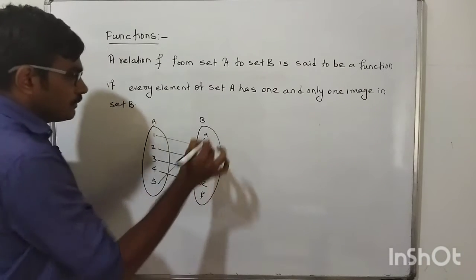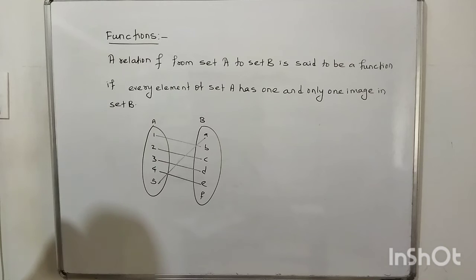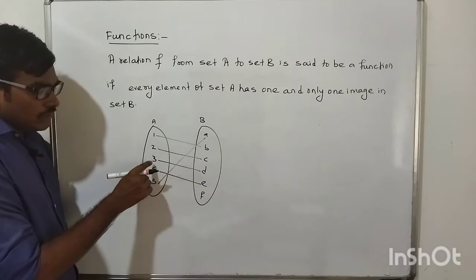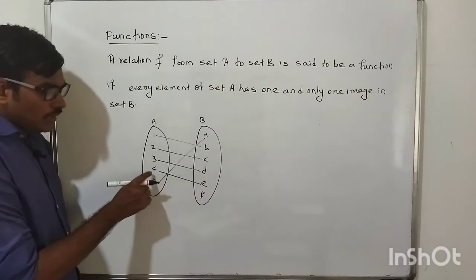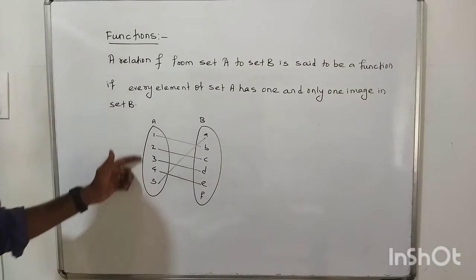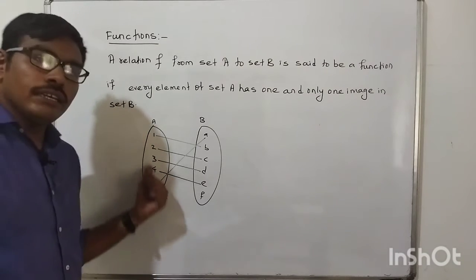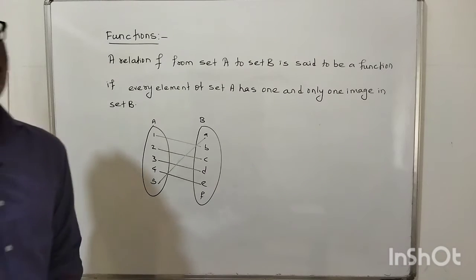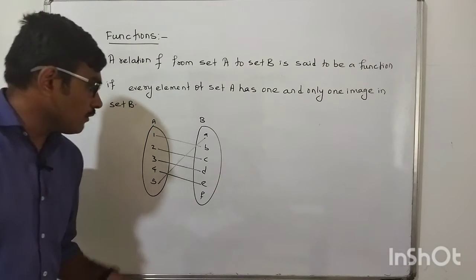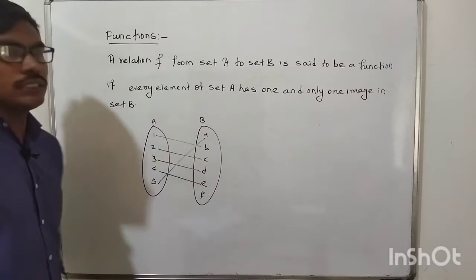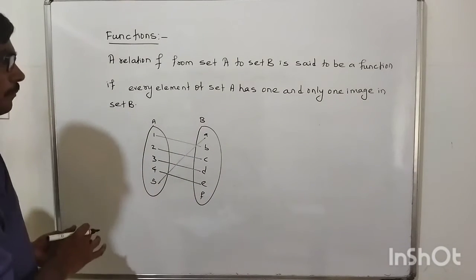Now see here, 1 has only one image, 2 has only one image, 3 has only one image, 4 has only one image, and 5 has only one image. So each element of the first set, that is set A, has only one image in the second set, that is set B. Then we can call this a function. So this relation is a function, understood, no?